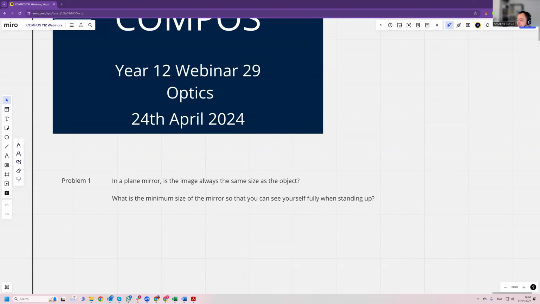Does it really? Your image disappears because you can't see yourself, but you're not skewed. And please take a mirror or a phone, because we're going to do another experiment. No, it doesn't.